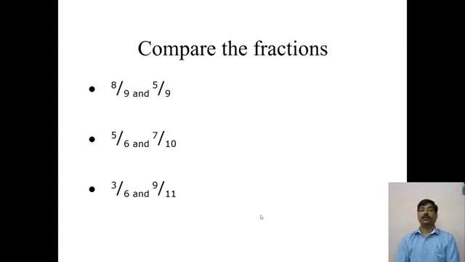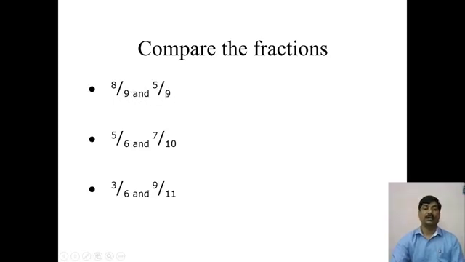Now do the practice, compare the fractions. Here some fractions are given, you have to compare them. 8 upon 9, 5 upon 9. First we see whether these fractions are like or unlike. So we see here that these two fractions are like fractions.